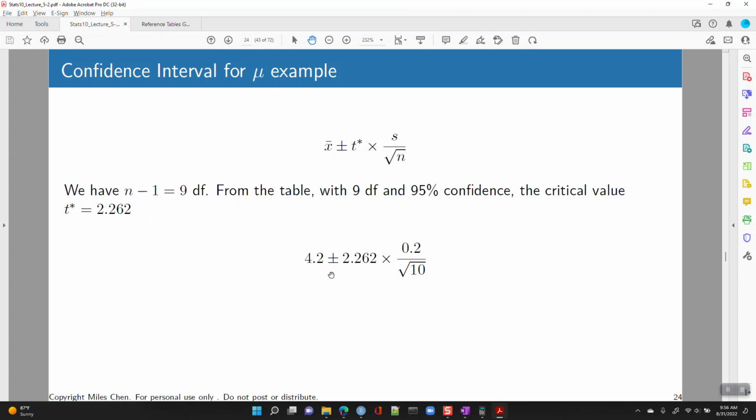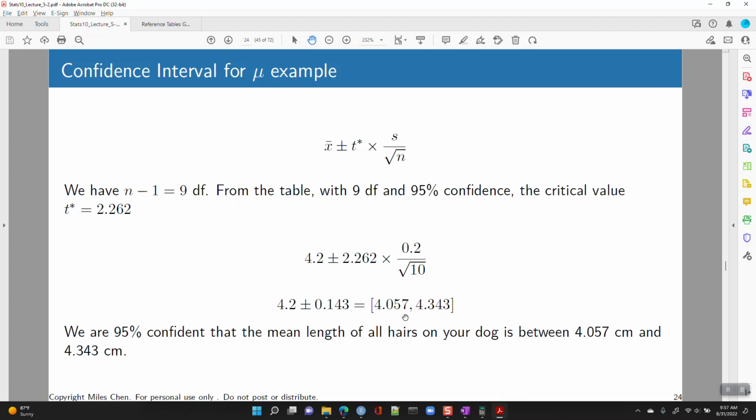My average is 4.2. My standard deviation is 0.2. My sample size is 10, so I divide by the square root of 10 here. And so my confidence interval ends up being 4.2 plus or minus, and this whole thing multiplies to 0.143. And so my resulting confidence interval is 4.057 to 4.343. So I say I'm 95% confident that the mean length of all the hairs on my dog is somewhere between 4.057 and 4.343 centimeters.